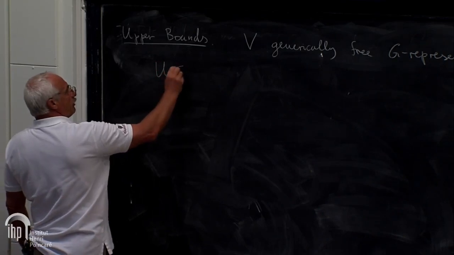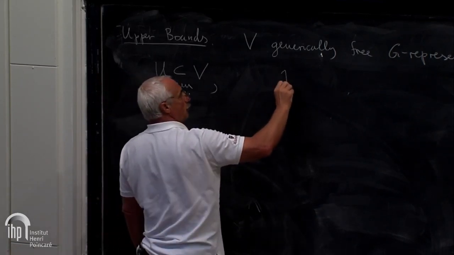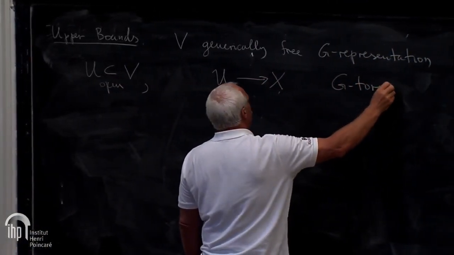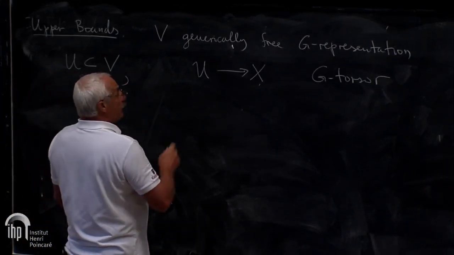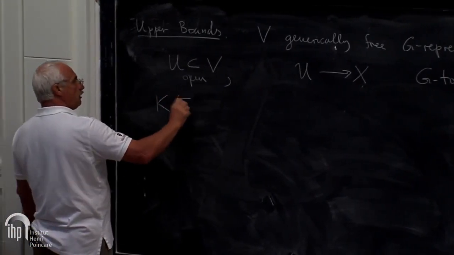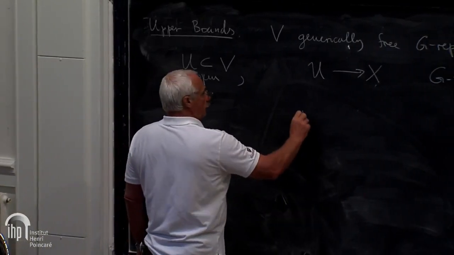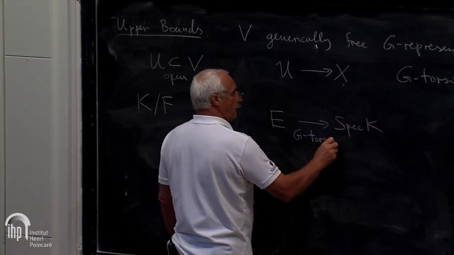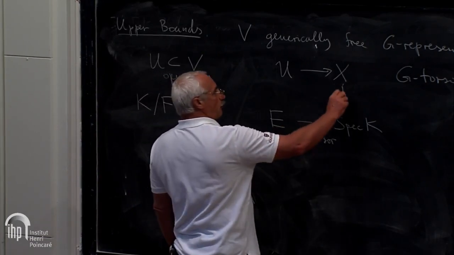Then there is a non-empty open G-equivariant subset which admits a G torsor to some variety, I'll call it X. And in fact, take an infinite field K which is an extension of F. Then every torsor E over K, it's a G torsor, comes from that torsor by the pullback with respect to a point of X.